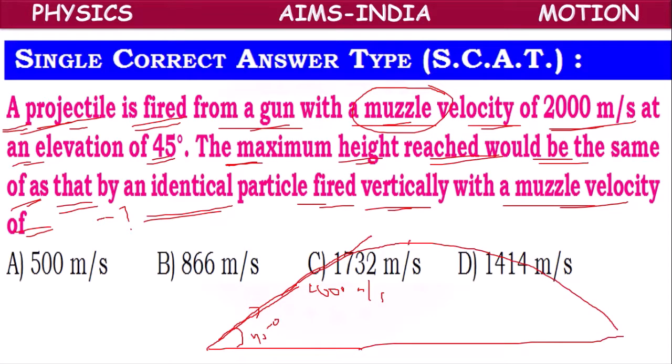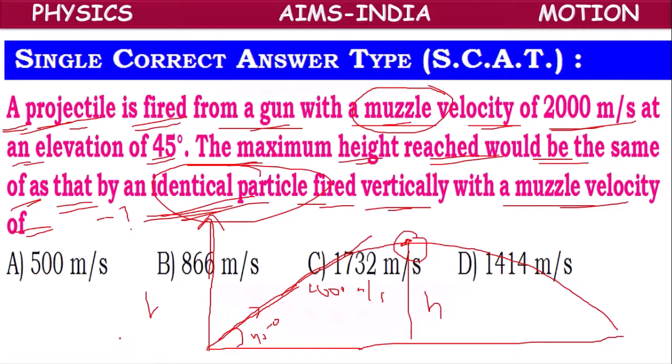But the maximum height reached by this projectile would be the same as that of an identical particle fired vertically up with a velocity of dash.